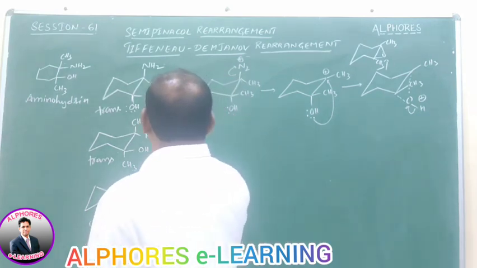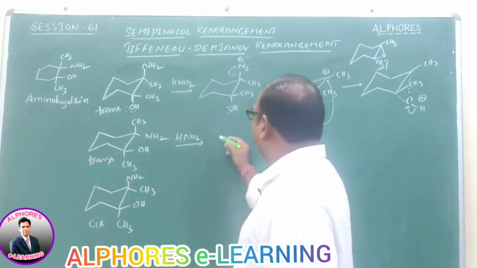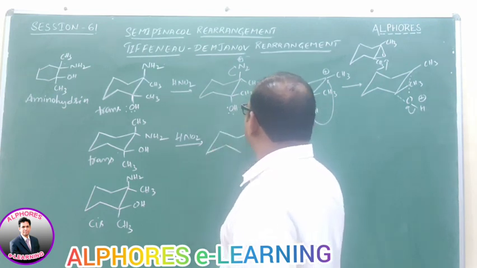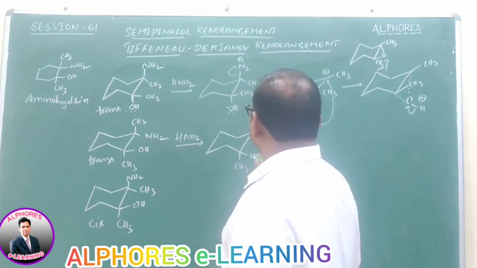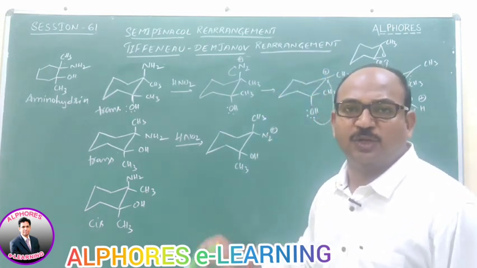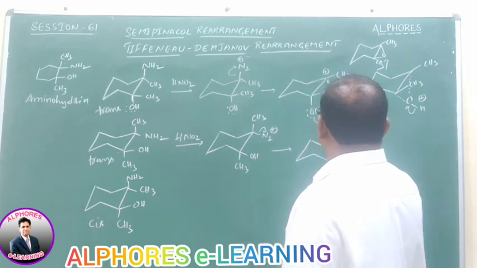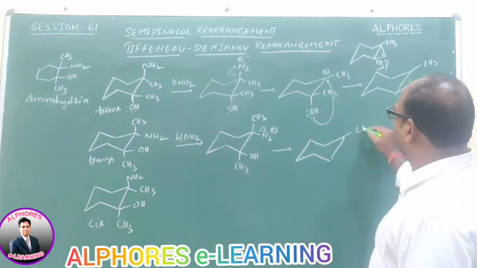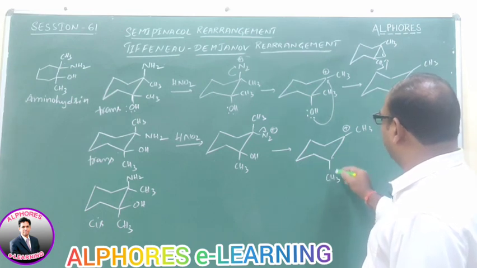So first of all, HNO2. Upon reaction with HNO2, what happened? The NH2 group converts into N2 plus, and this N2 plus is now a good leaving group. It has a tendency to leave as N2. As a result, we get a carbocation.